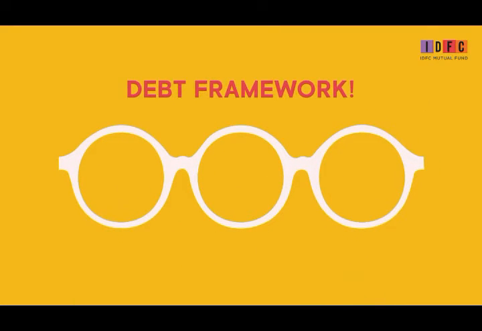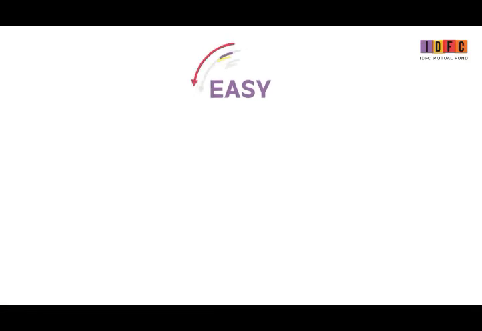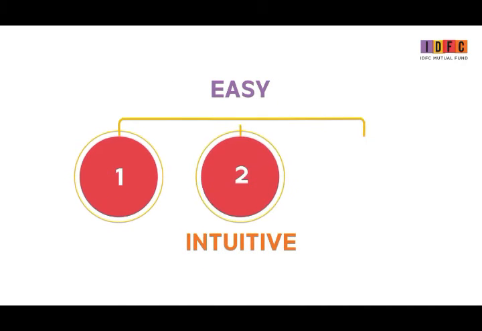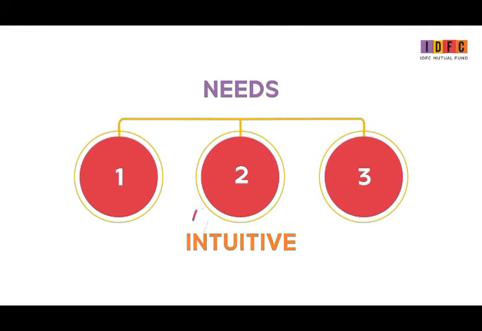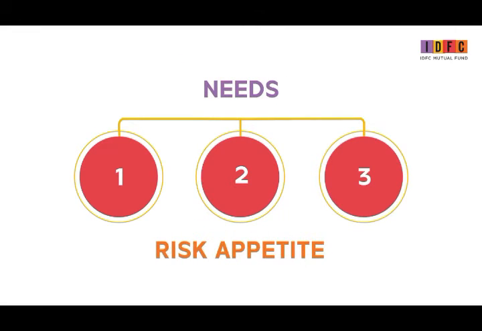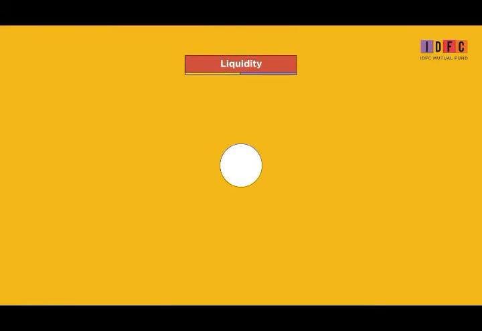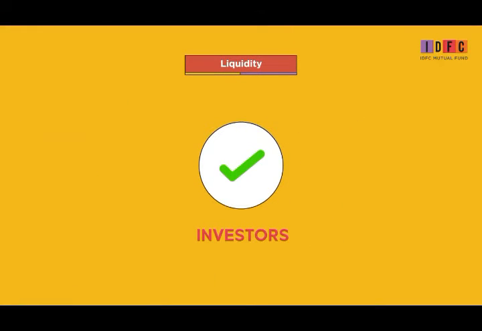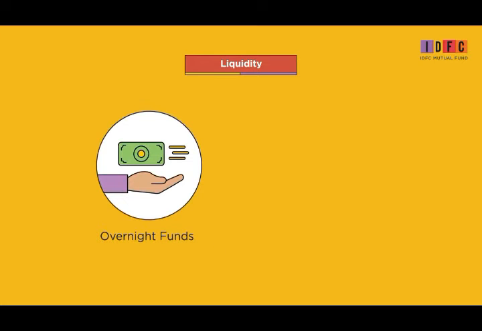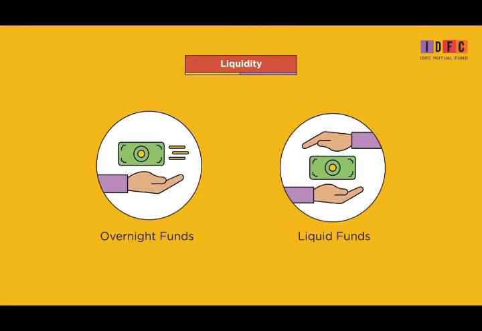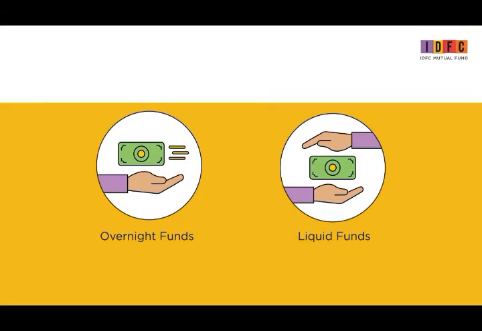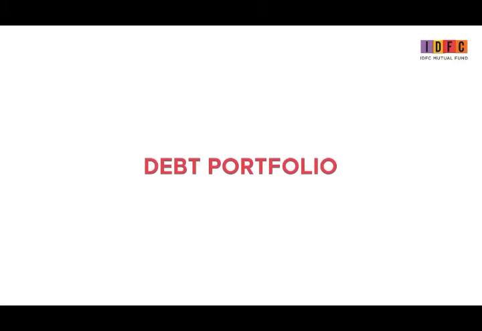To make things clearer, we have developed the Debt Framework, an easy and intuitive way to classify debt products into 3 categories based on an investor's need and risk appetite. The first category is liquidity. These funds are ideal for investors who need money for any emergency or want to park their savings for a temporary period. This should form a small part of your debt portfolio.